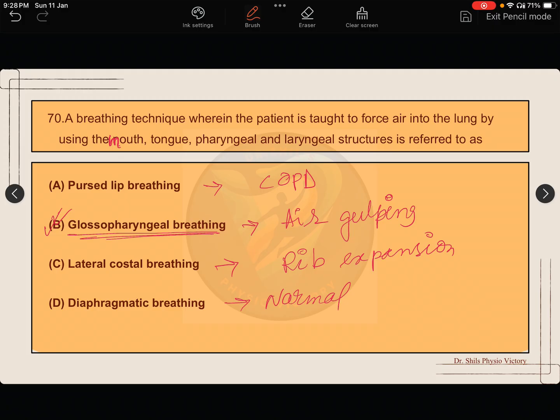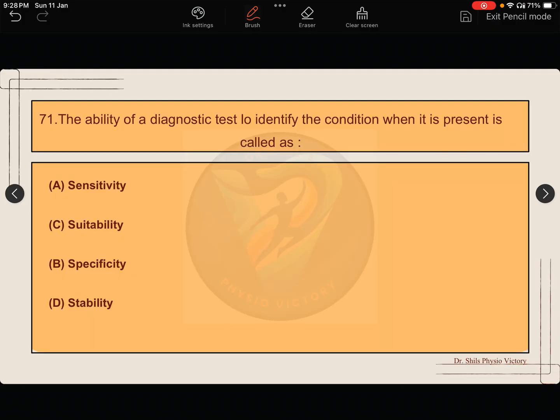Next, come to question number 71. The ability of a diagnostic test to identify the condition when it is present is called as option A, sensitivity, option B, sorry, B is here.